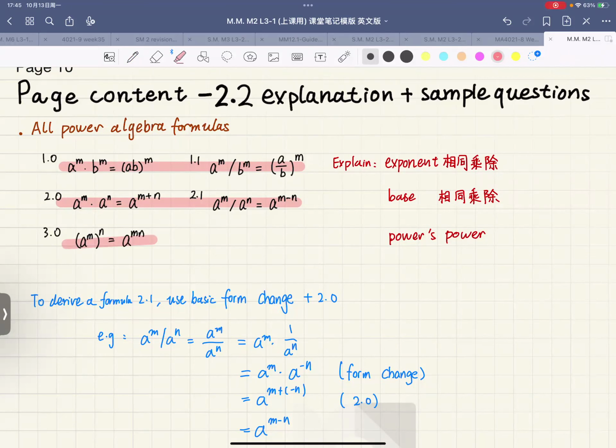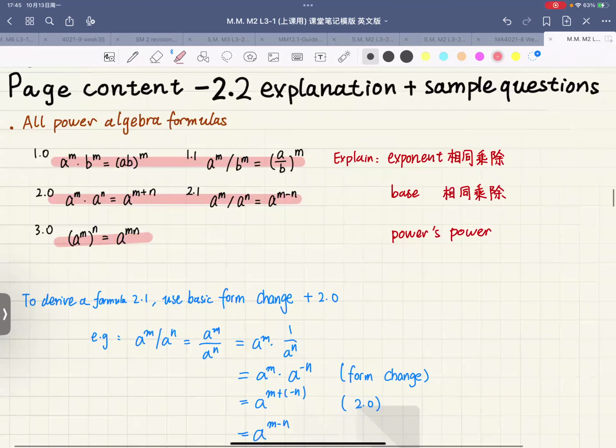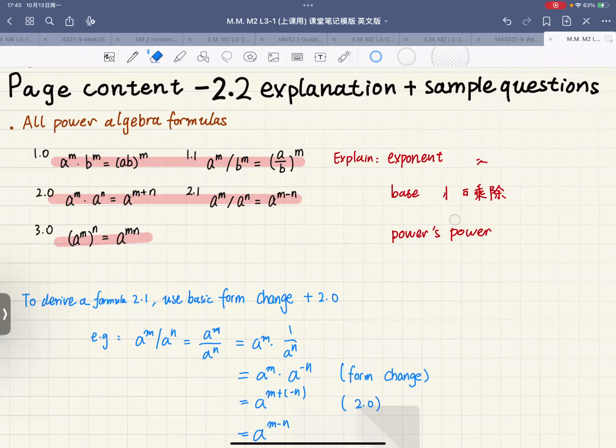Basically, if you have the same base, you add or subtract the power, depending on whether you want to multiply or divide.